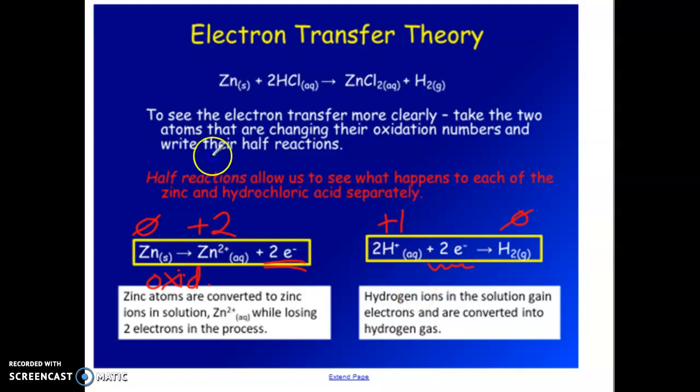So for example, if I have 2 hydrogen ions becoming H2 gas, each one of those hydrogens has to gain an electron. So the total number of electrons that have to be gained here are 2. And notice, if we are gaining electrons, it is written on the reactant side. So because the oxidation number is going down, this is our reduction half reaction.